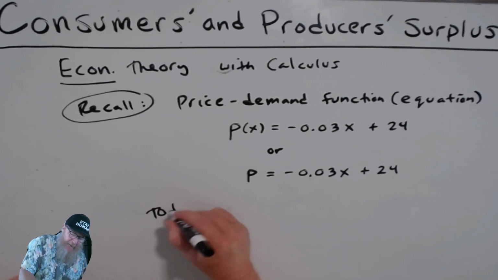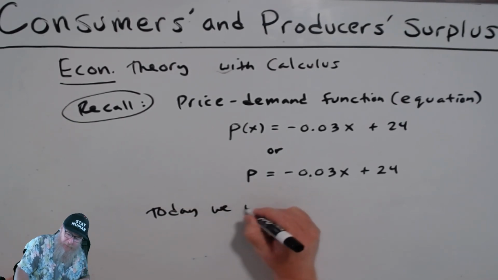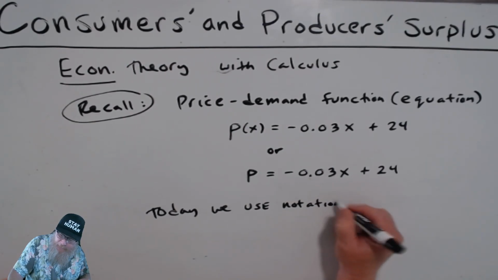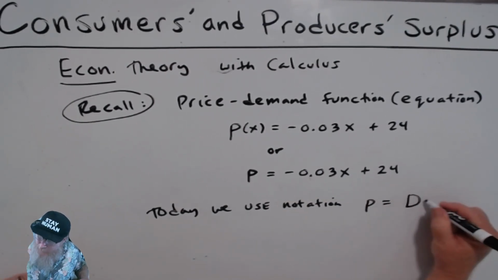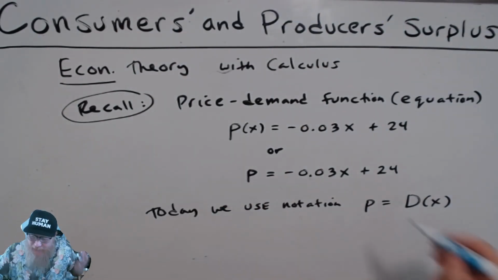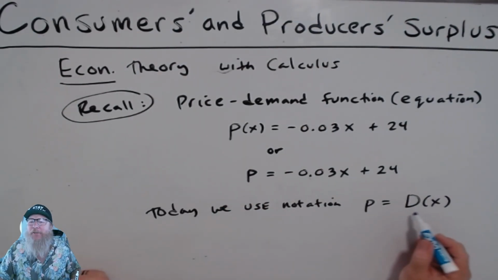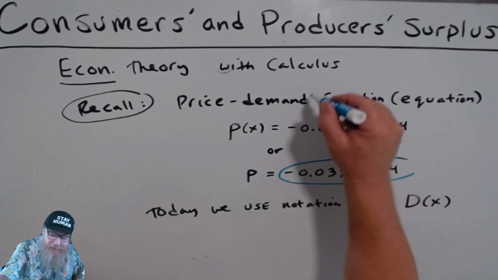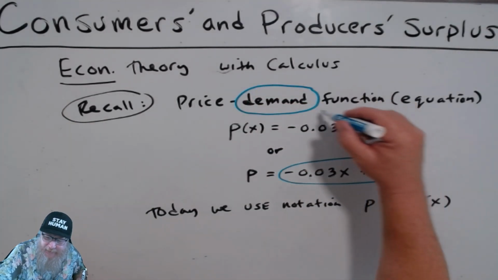Well, today we will use the notation P equals capital D of X. And we've kind of already been doing this. I'm just introducing a new letter, capital D. And that's because we're emphasizing today demand.